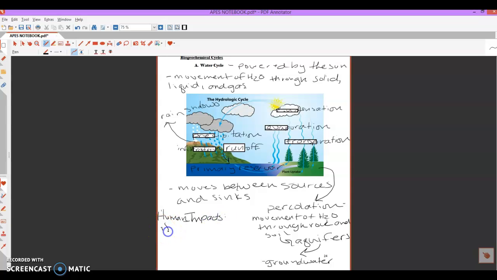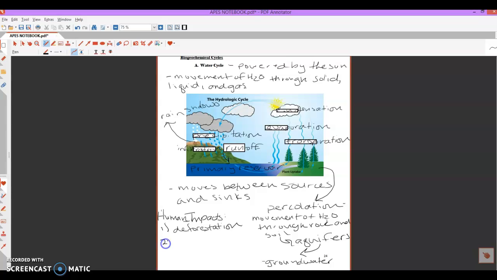All right, the first one is going to be deforestation. So cutting down trees is a major problem. If you're cutting down trees, you're reducing transpiration. You're also going to increase runoff and erosion because trees do a really good job of absorbing a lot of water. And if that is not there, then the water is simply going to run off, which we don't want to have happen.